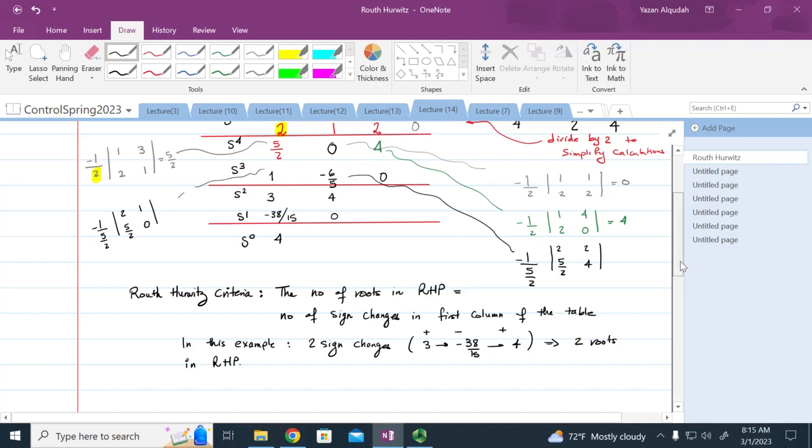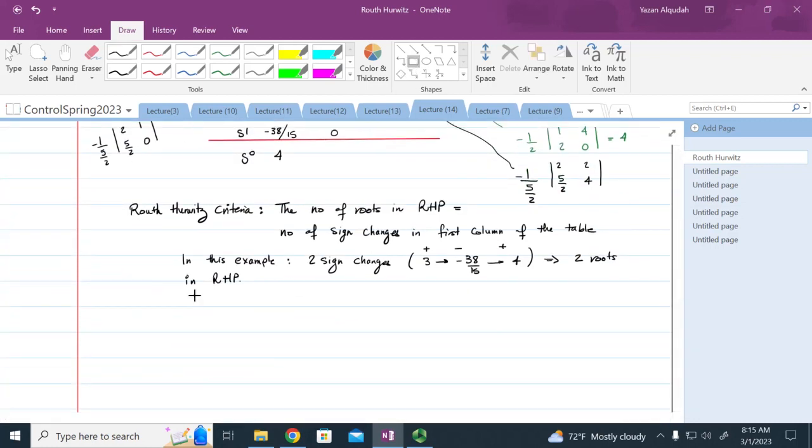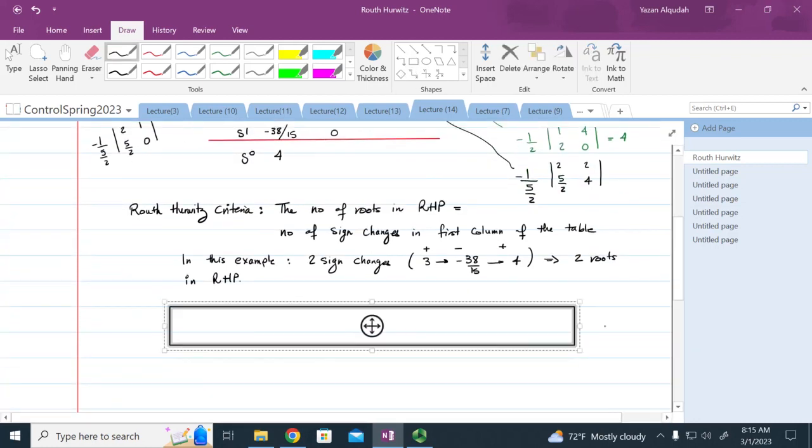Okay. So therefore, if I want to check for the system to be stable, what should all the first column signs be? All positive or all negative? They should be all positive.